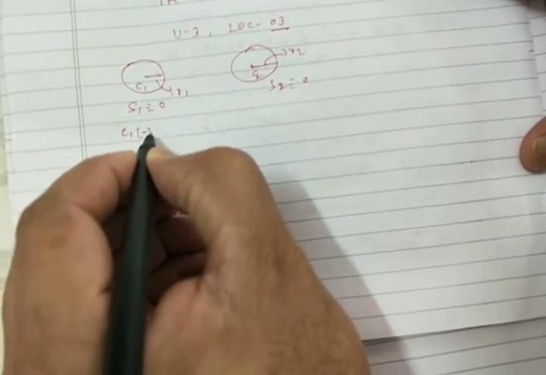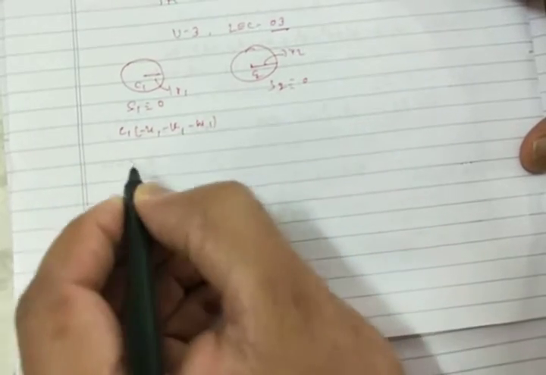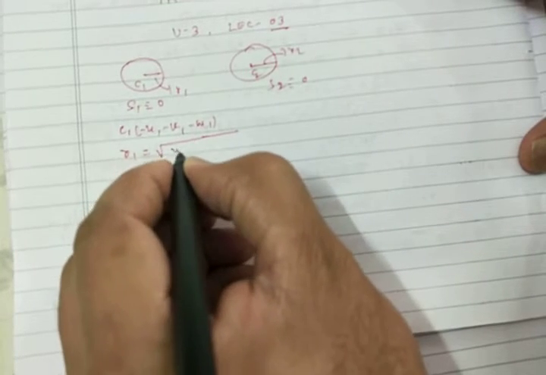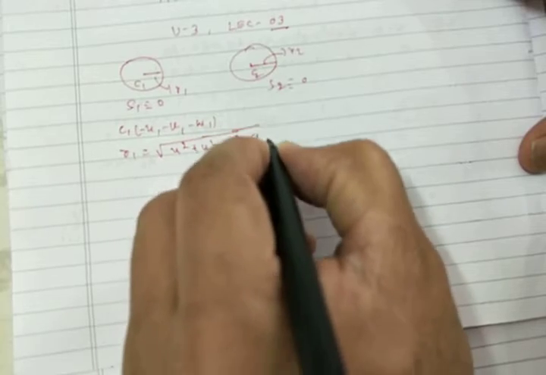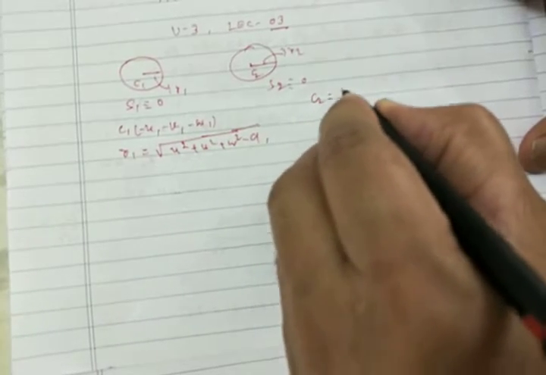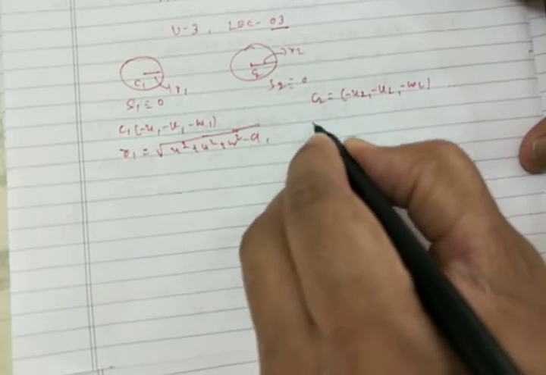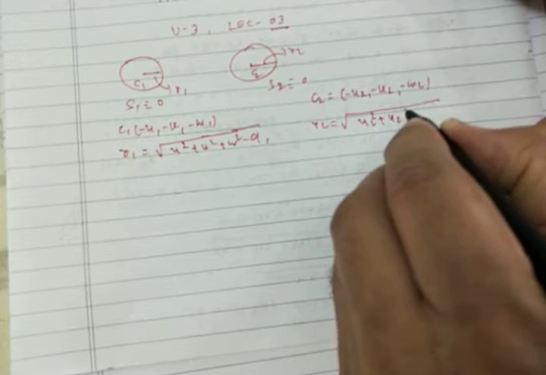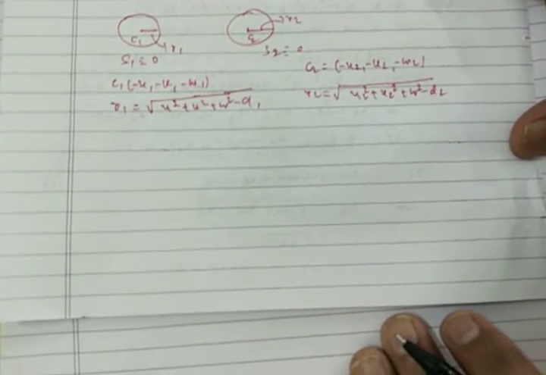Center C1 is (minus U1, minus V1, minus W1), and radius R1 is equal to the square root of U1 square plus V1 square plus W1 square minus D1. Center C2 is (minus U2, minus V2, minus W2), and its radius is the square root of U2 square plus V2 square plus W2 square minus D2.